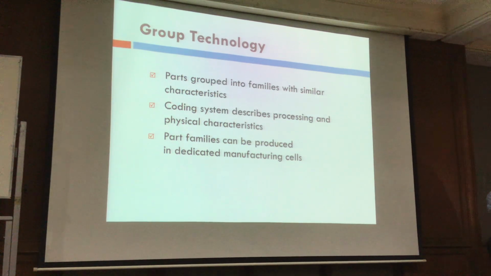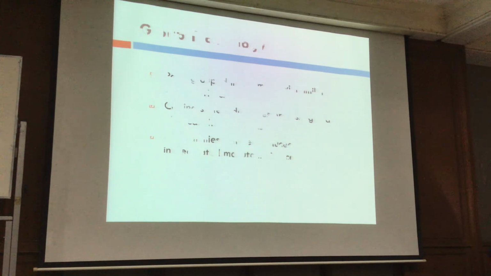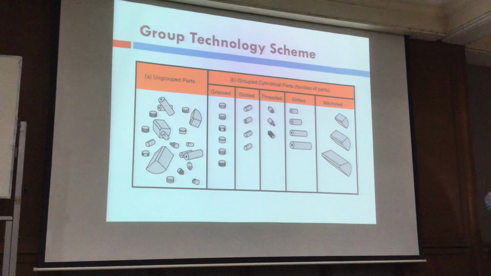So it can help you organize more easily, and also you can know that okay, if you would like another part that has the same characteristics, you just maybe add one or more percent to get that component, right? So for example, on the left hand side are the ungrouped parts, but if we carefully group them into family groups, you can see that okay, we can have 5 groups of them.